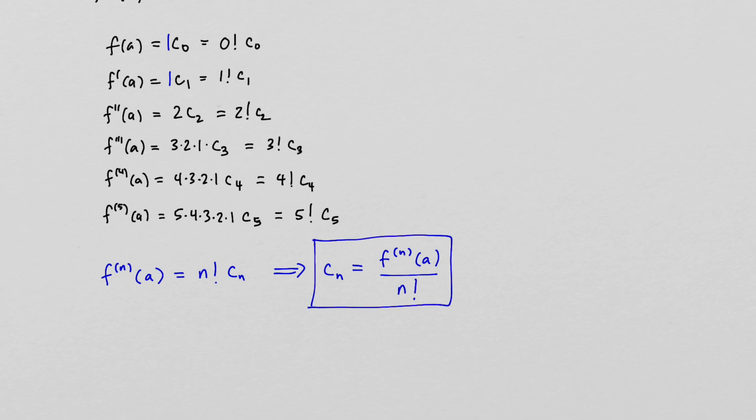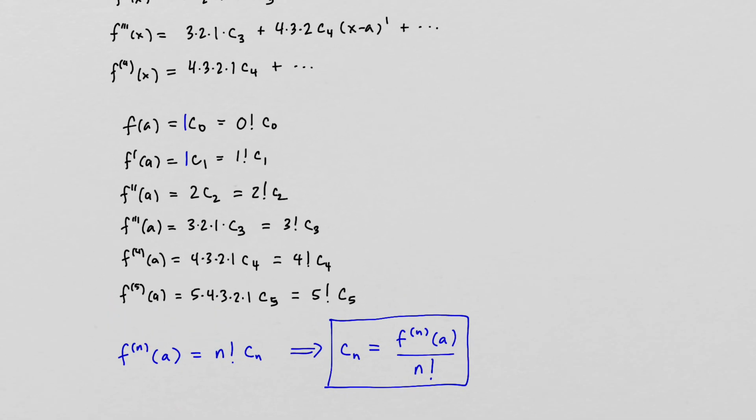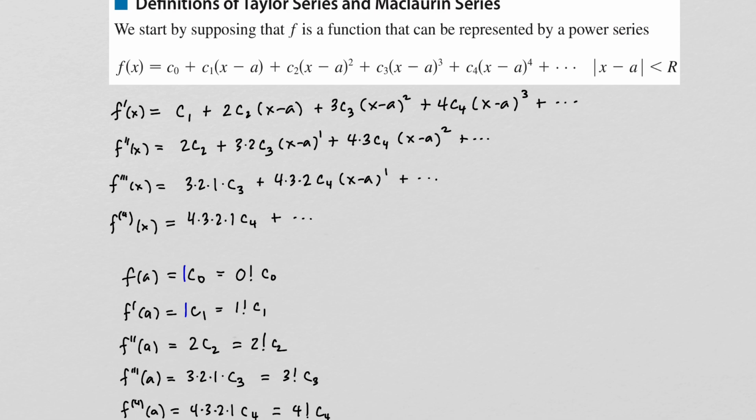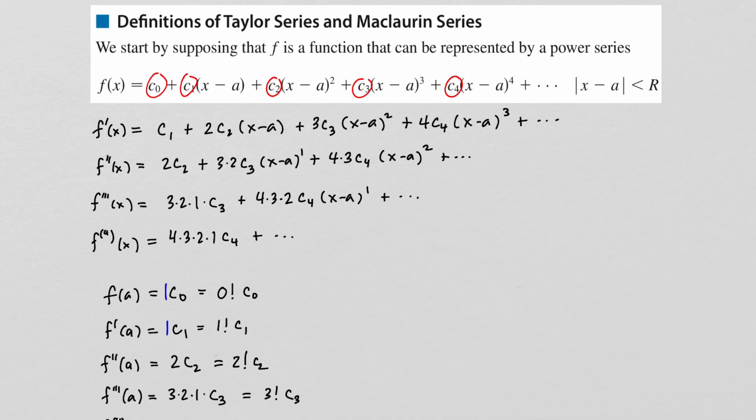And this allows us to solve for the constants in the original power series. So remember, the cn's we are referring to are these numbers here. So now we have a formula for these numbers. And we're going to represent that in the following theorem.